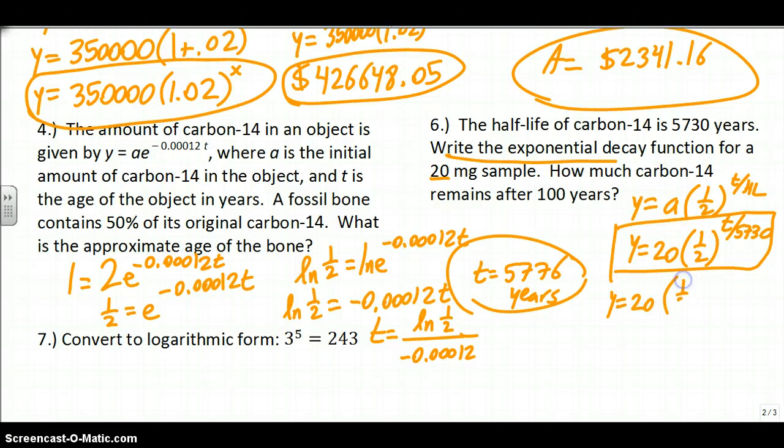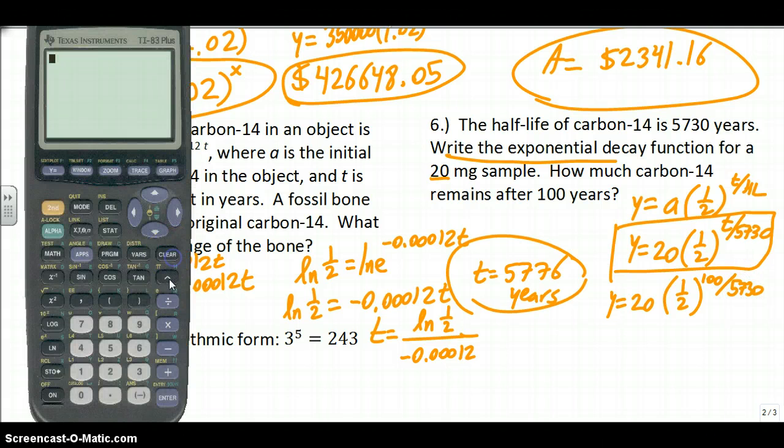Now, how much is left after 100 years? We're just going to plug in 100 for T. Very little calculating on your part. So 20, and again, I like to use a lot of parentheses here. 20 times 0.5 to the 100 divided by 5,730. Make sure you actually type the 0.